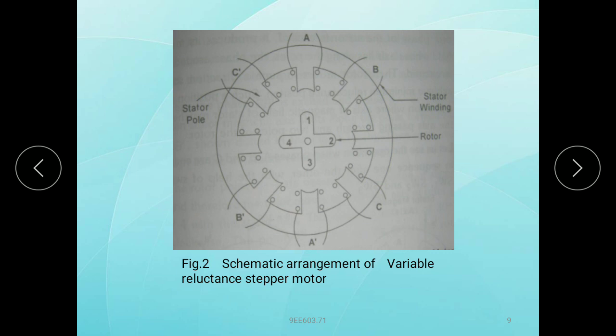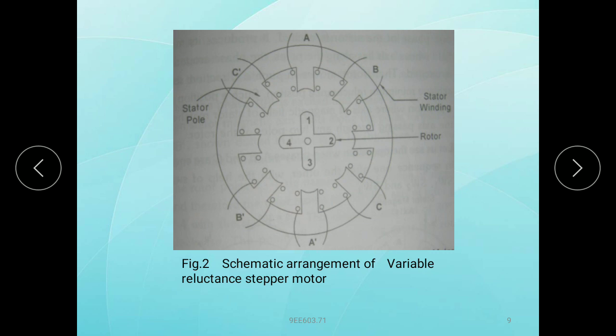See here the schematic arrangement of a variable reluctance stepper motor. Overall, the outer circle is the stator, that is the stator core. These are the stator poles.